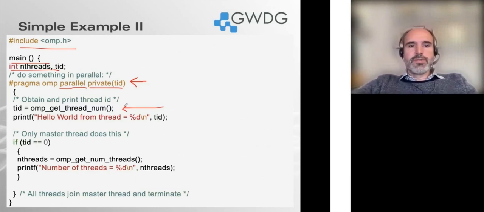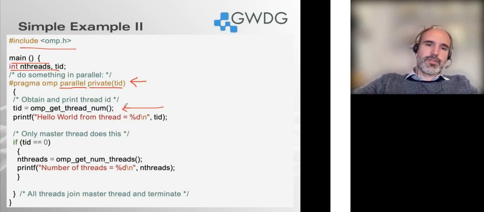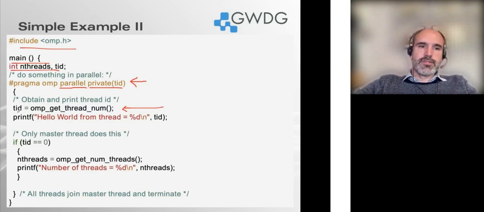So with this line, you ask for the current thread number, which is stored in the variable TID, and you print out a message with this ID. So basically, in this fork join model, in this line here, you do the fork part. From here you fork n number of threads.